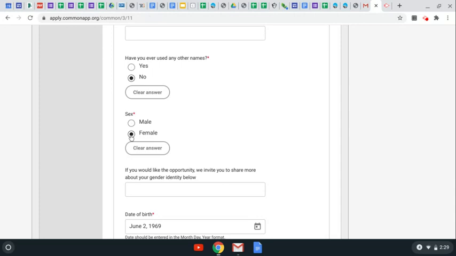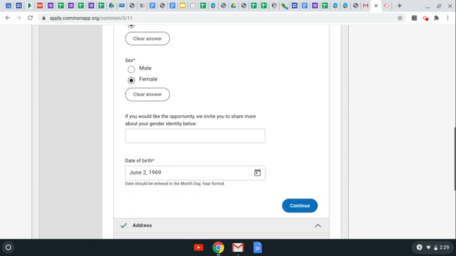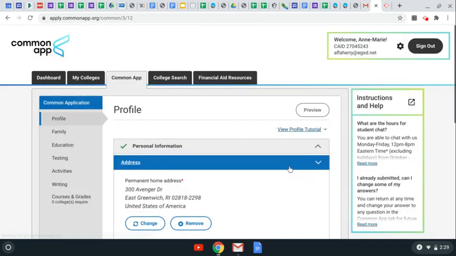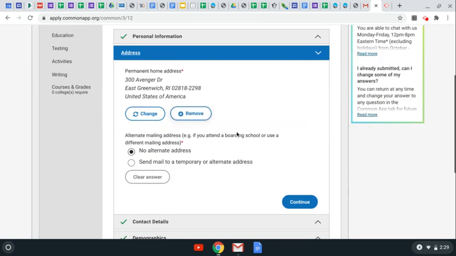So if you were born female but you identify as a male, you could certainly put that down, or if you don't identify as any gender. Your birthday got pulled over from the previous screen, as did your address. If you've lived anyplace else, you would include that here. But if there's no alternate address, you don't have another place where you'd like college information sent, you would just click no alternate address. And we hit continue.